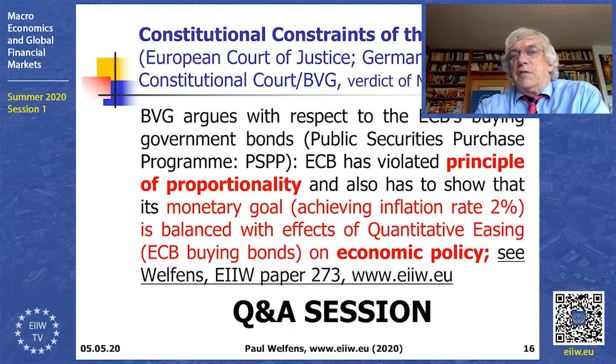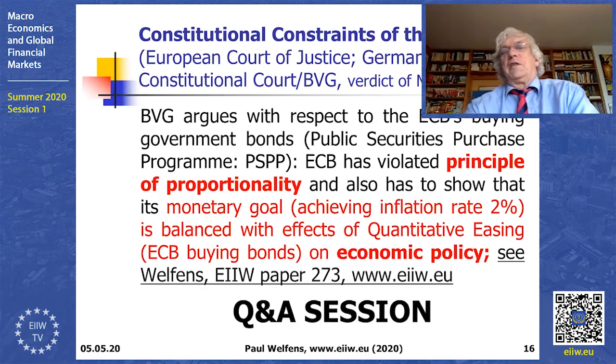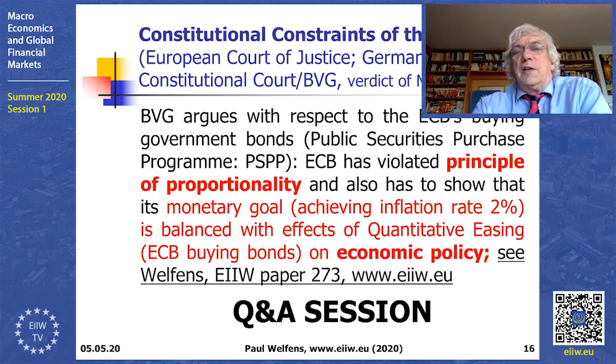The German Constitutional Court argues the ECB has violated the principle of proportionality, and actually it also has to show, and it did not, that its monetary policy goal, so here the goal is to achieve an inflation rate below but close to 2%, is balanced with the broader effects of quantitative easing on economic policy.